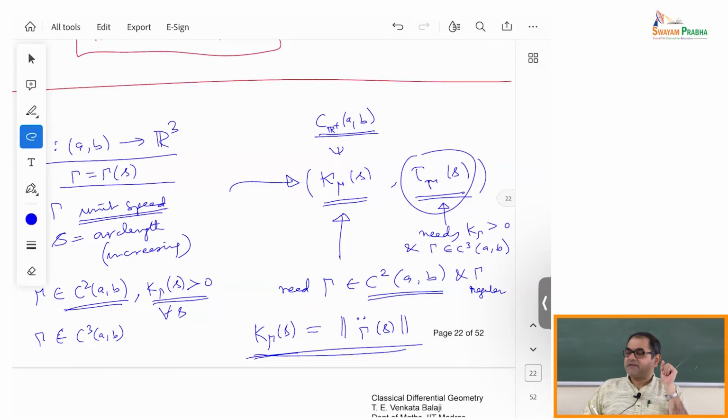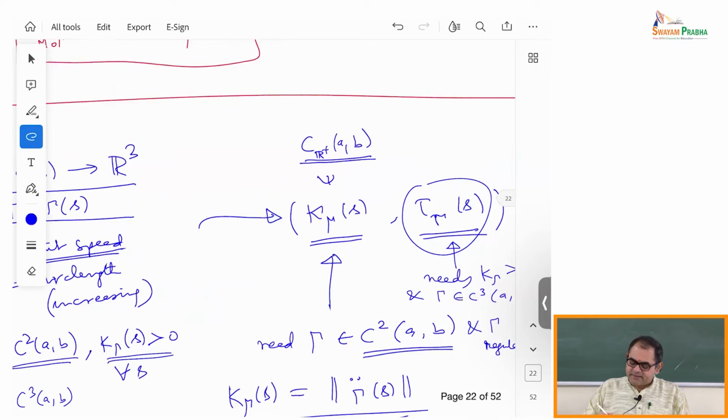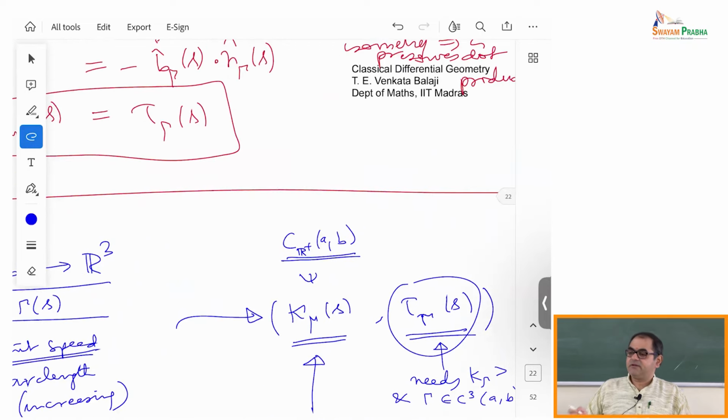But you see, the second derivative of gamma, its magnitude is the curvature. Therefore, the curvature function is actually first continuously differentiable, okay. And the torsion function will be just a continuous real valued function on AB, okay.